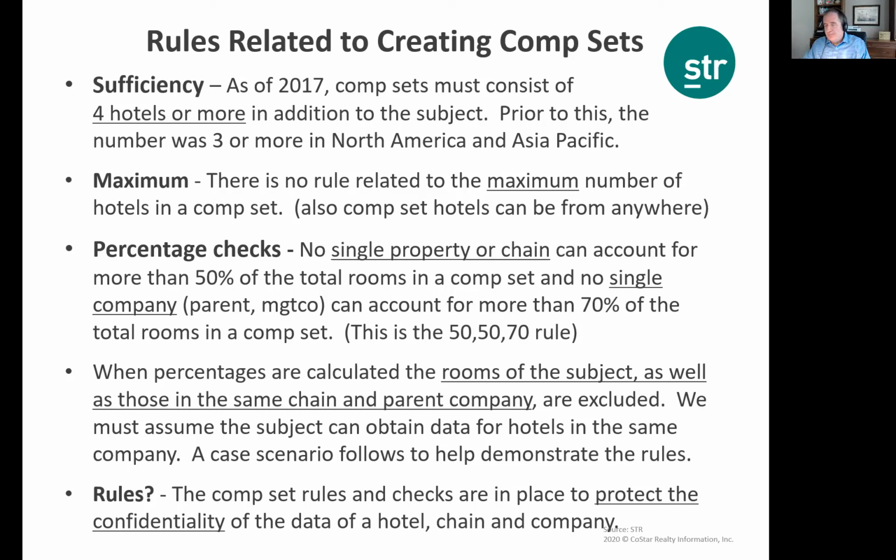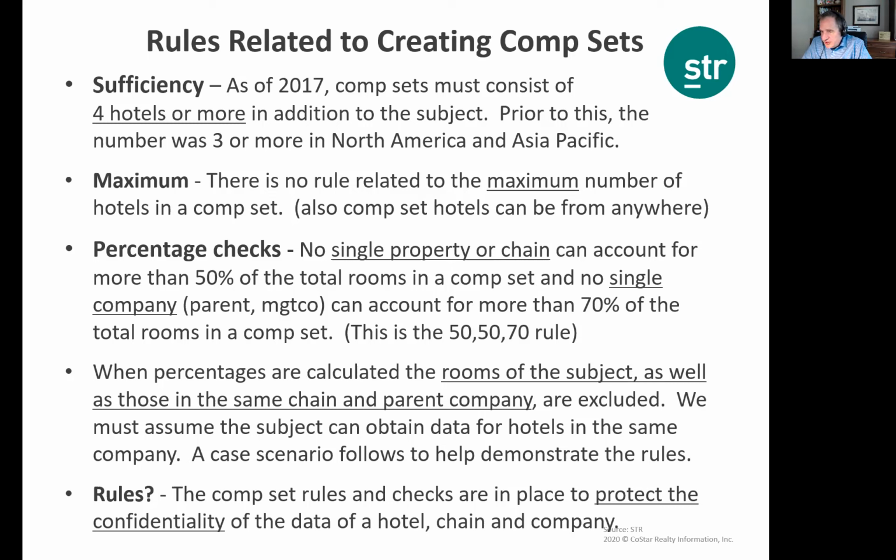I'll show that to you in a sample. Secondly, if there's a hotel in the same chain or parent company as the subject, we have to assume that the subject hotel, if they really wanted it, could get the data of the hotel in their same brand or same company. So we have to exclude that from the calculation when we do the percent checks.